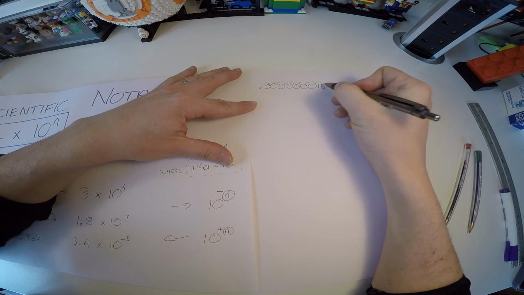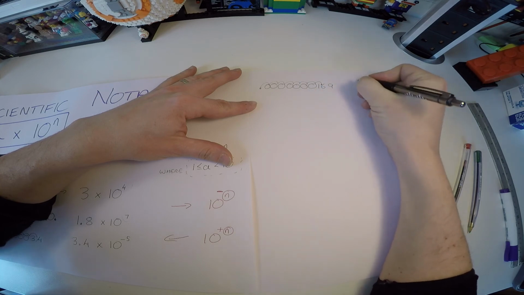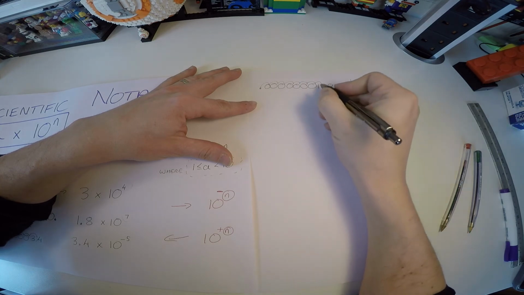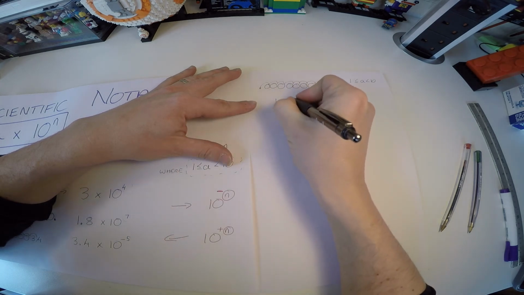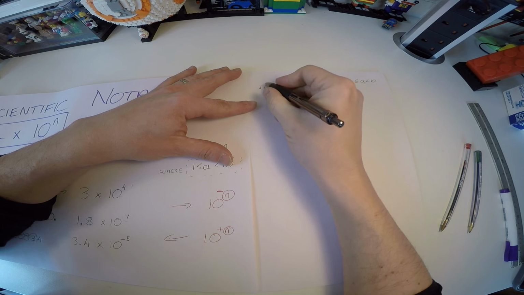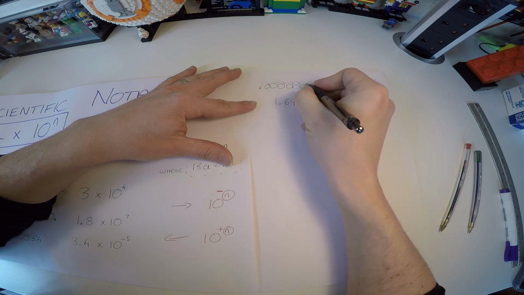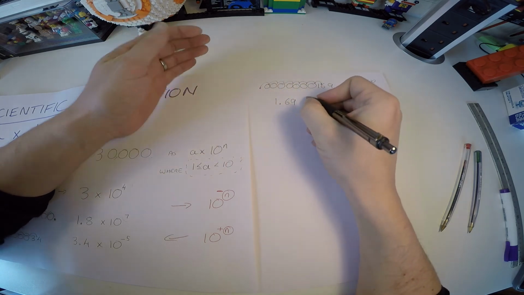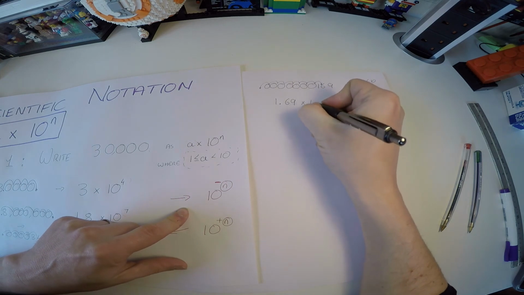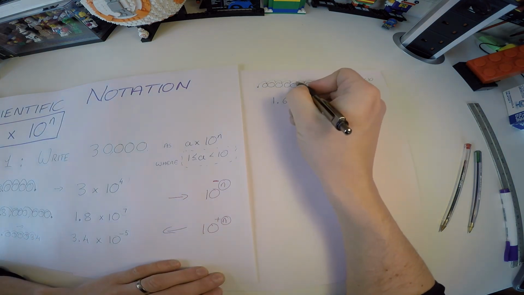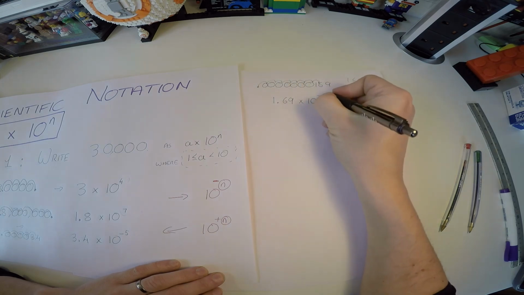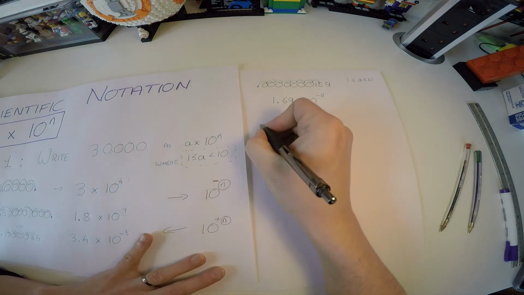Yeah, 1.6. I want a to be less than 10 but greater than or equal to 1. So I'll stop here because that's 1.6. Now it's 1, 2, 3, 4, 5, 6, 7, 8. I hopped over 8 times. I went to the right. So that's 10 and n is negative. So that's minus 8.